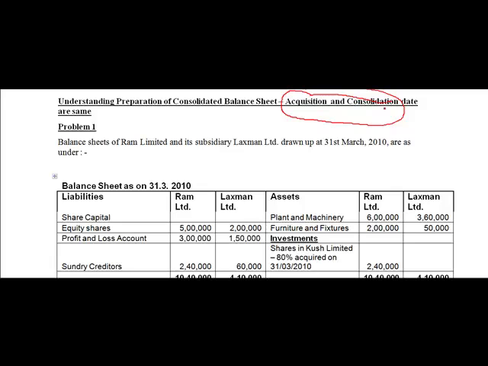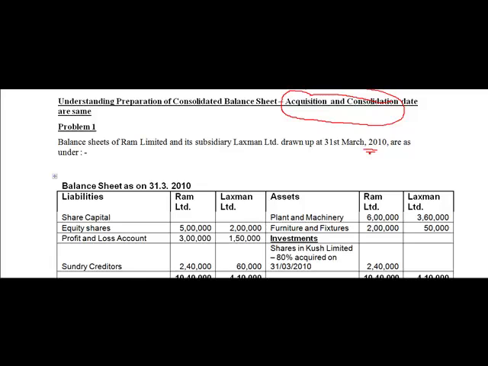So let us read through the question. Problem 1. Balance sheets of Ram Limited and its subsidiary Lakshman Limited drawn up as on 31st March 2010 are as under. So on the asset side, you have basically the plant and machinery, furniture and fixtures, and investment in Kush Limited. Basically, this is not Kush Limited, this is Lakshman Limited.